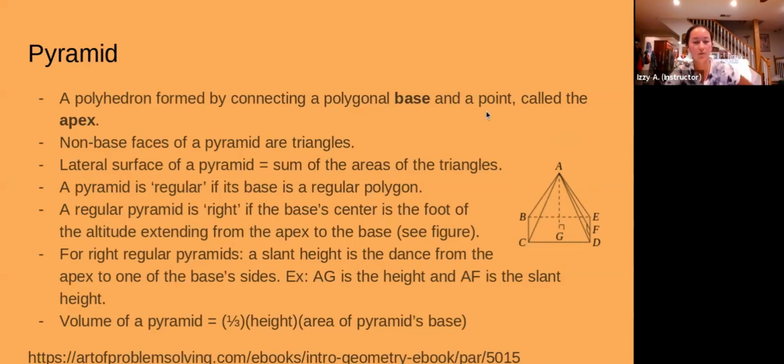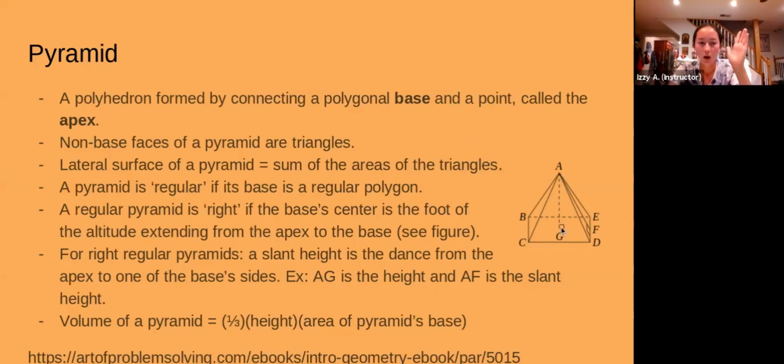I think I can display images too. But basically you can also have oblique pyramids, where, let's say for example, if point A was over here, then obviously it's not going to be floating right above the base.